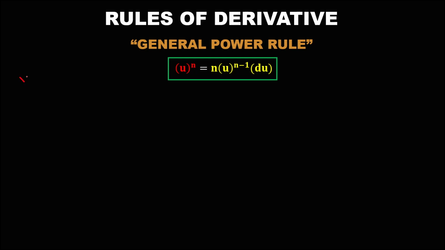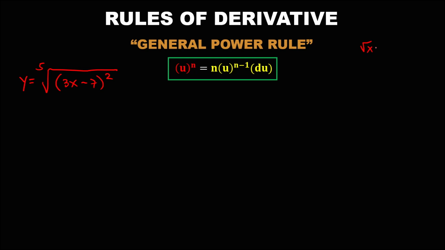Then if we have this given, y equals the fifth root of 3x minus 7 to the power 2. So first, we need to rewrite this radical in exponential form.